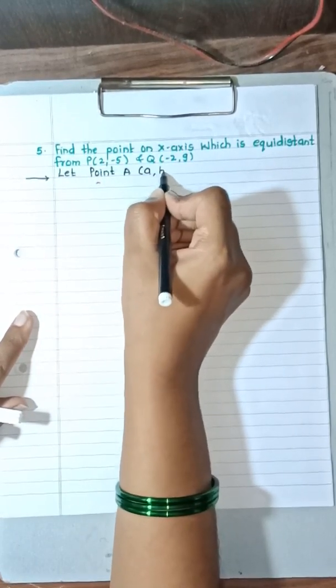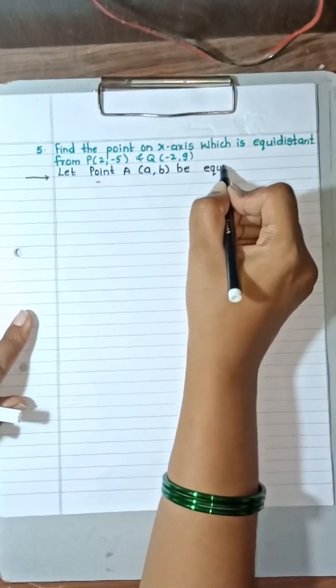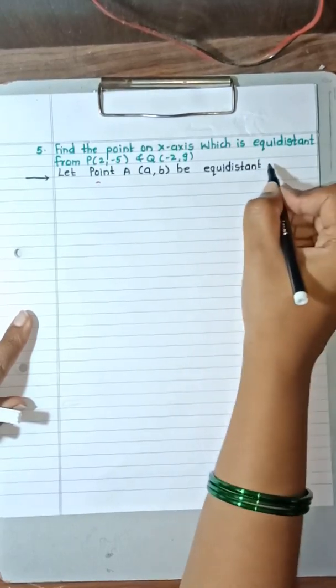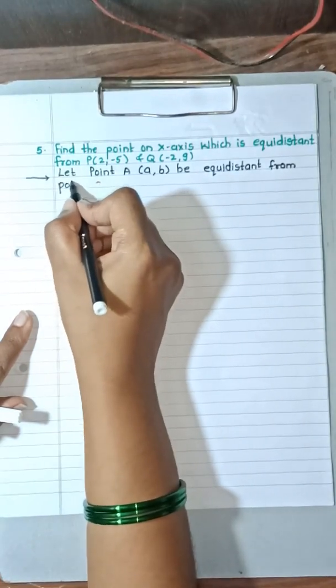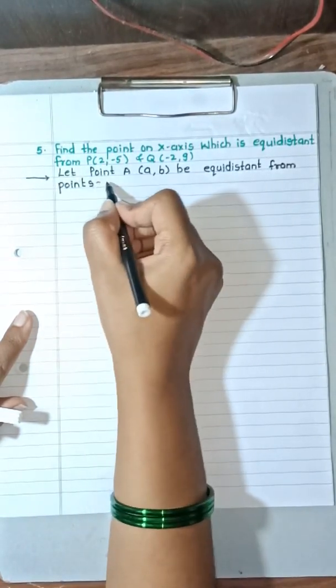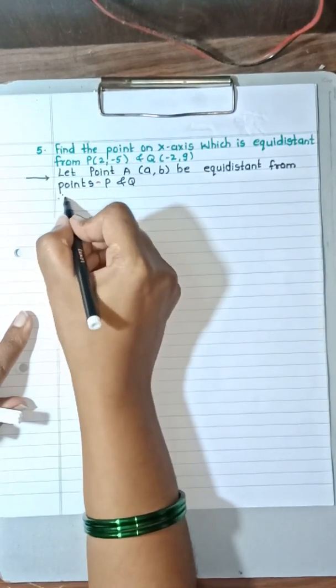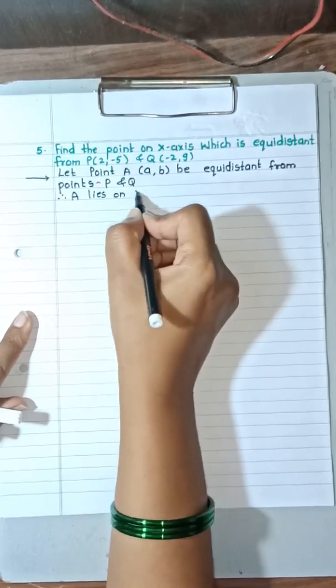that is A, B, be equidistant from points P and Q. Okay, therefore you can say that A lies on x-axis.